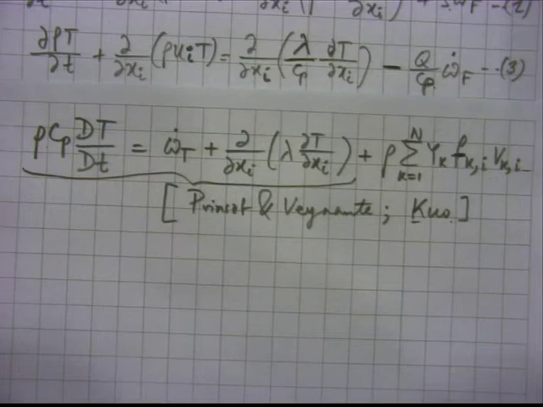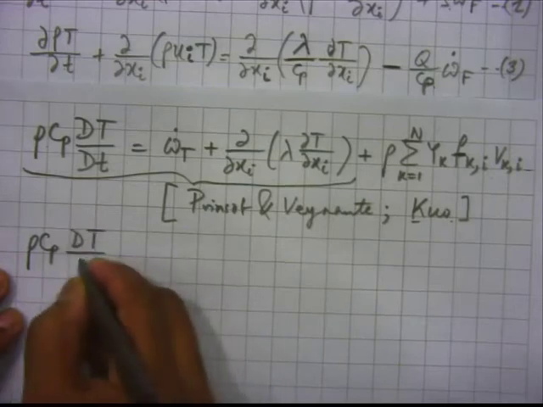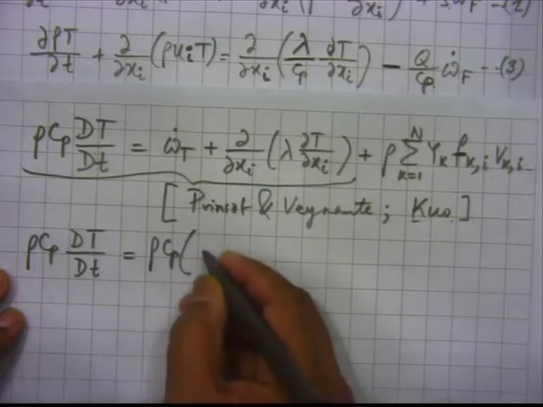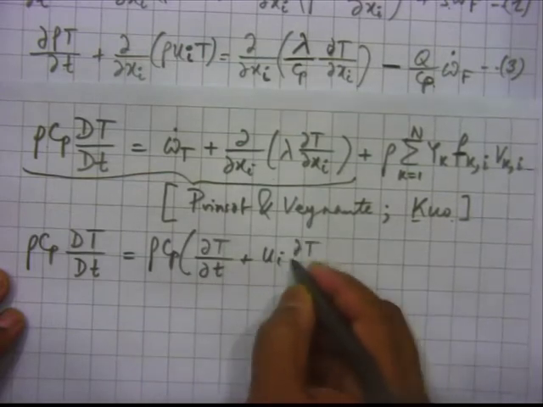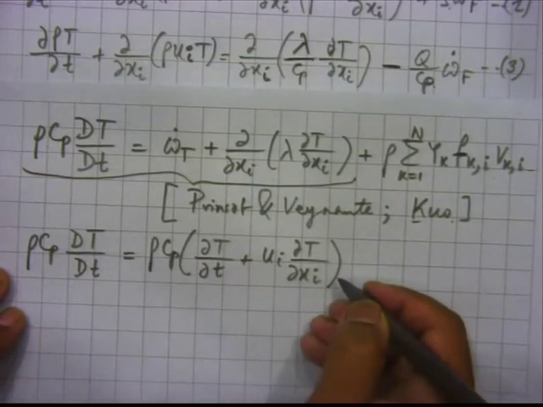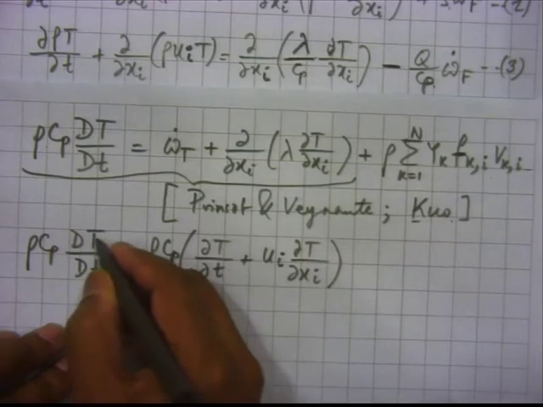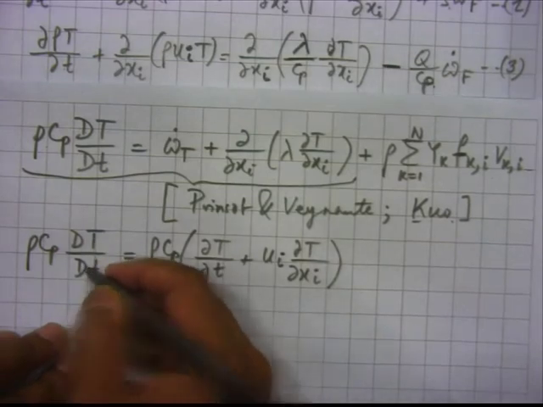Okay. Now, it is actually not a difficult thing to show that rho Cp dT/dt will be rho Cp, by definition of the total derivative, capital D T, capital D t, it is actually the total derivative. Right.